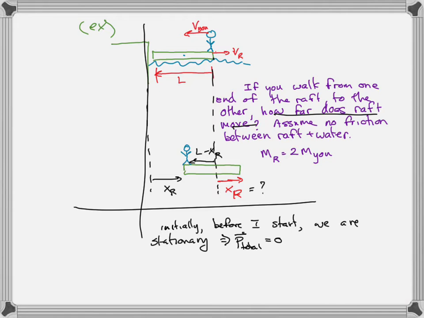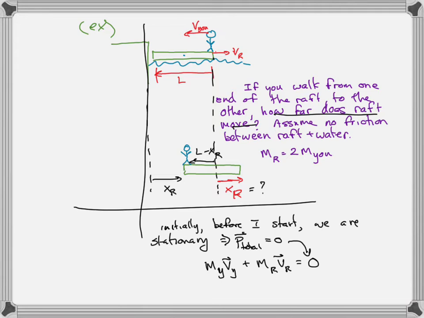After I start walking, the momentum of me, m u v u, plus the momentum of the raft, m r v r, is equal to 0, right? Because the momentum before is equal to the momentum after. So these are the velocities once you start walking. What I'm trying to figure out is how fast will the raft be moving while I'm walking on the raft.